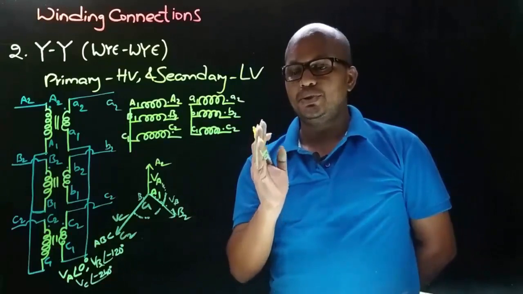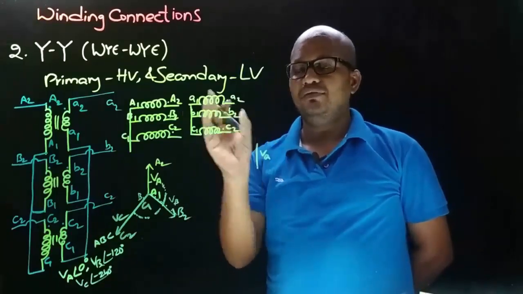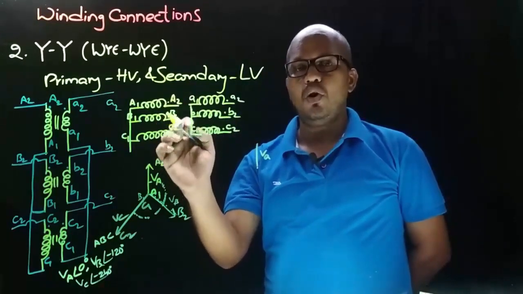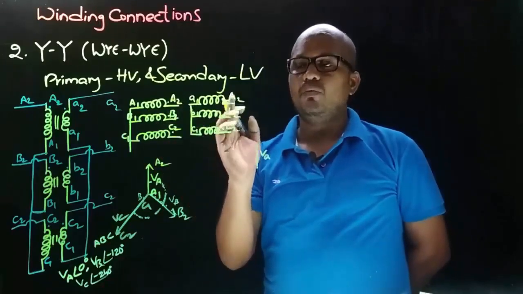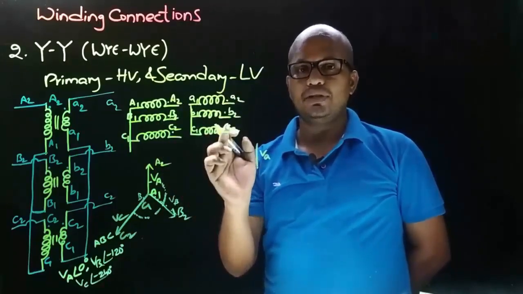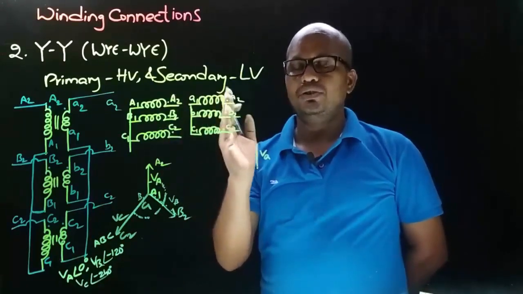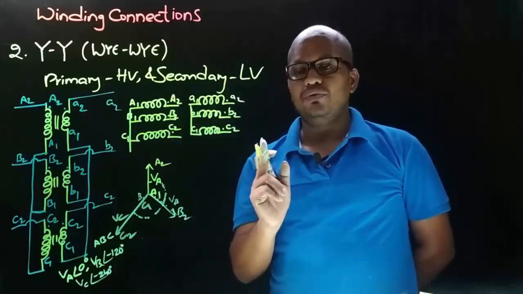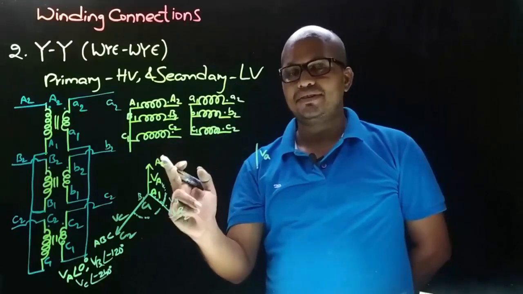Now the next step is to decide the direction of secondary side VA phasor, and observe that in winding connection, on primary side winding connections are took on the dotted terminals, and similarly on secondary side winding connections are took on dotted terminals. So as here the winding connections are took on dotted, and on this side the winding connections are took on dotted, means the direction of secondary side VA phasor will be same to that of the primary side phasor.